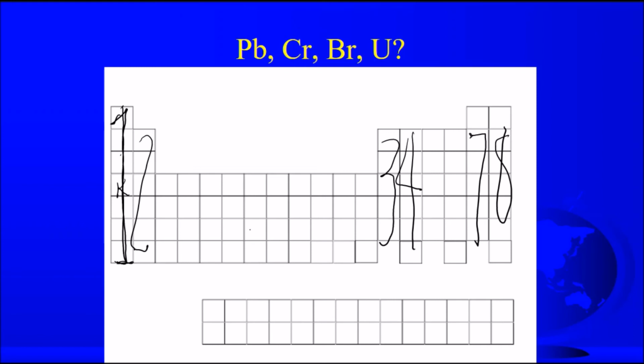Next. Mo. Molybdenum is over here. Okay. Kanan, you want to do this one? Yes. What is this noble gas right here? That is Krypton. Continue on then.